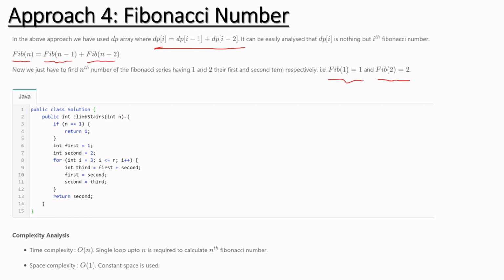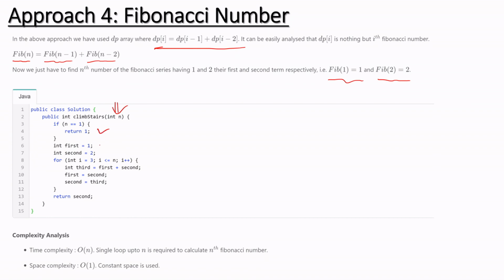So the function will remain the same, right? We do not need extra memory for dp to store the data. What we can do is the Fibonacci series way, and we can calculate the Fibonacci number, right? So if this is the n, if n equal to 1, we will return 1.